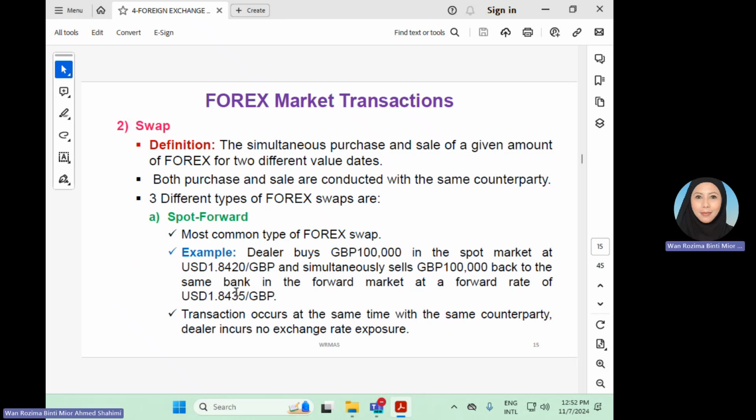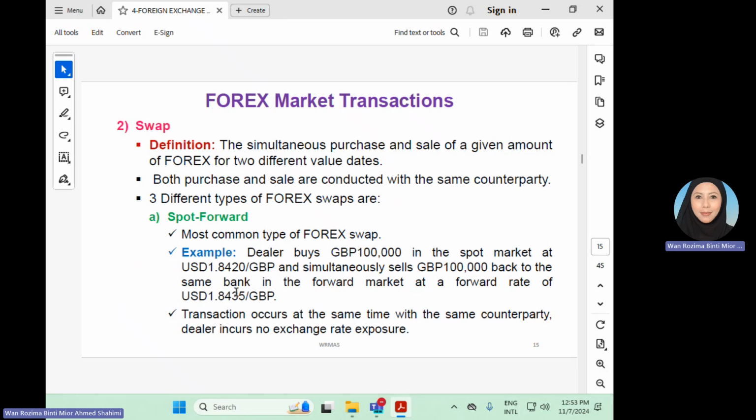For example, a dealer buys British pound 100,000 in the spot market at USD 1.8420 against British pound, and simultaneously sells British pound 100,000 back to the same bank in the forward market at the forward rate of 1.8435 USD per British pound.